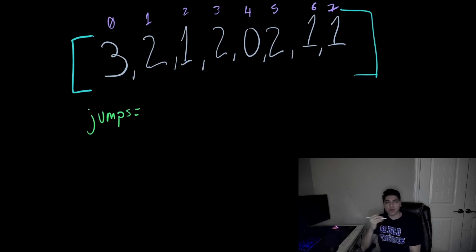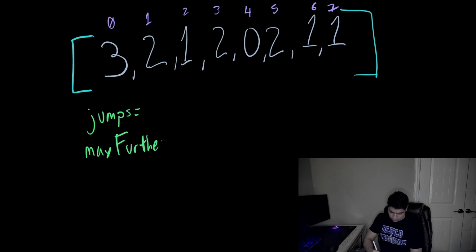And the other variable we want to keep track of is the current furthest we have starting at each index. So one is the max furthest, and the other one is basically our current reach. Just call this reach.